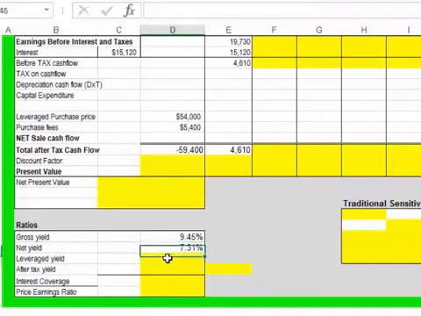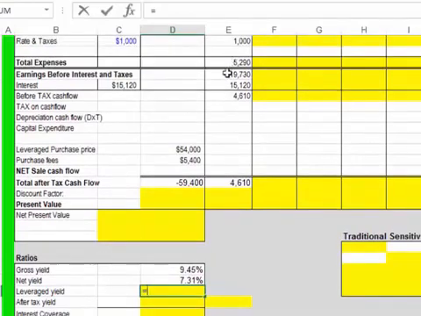The next yield to look at is the leverage yield. Now this takes account of the fact that we're using debt. When we're using debt, our net income, our net cash flow, is the cash flow after interest. And so in this case, it's the 4,610.